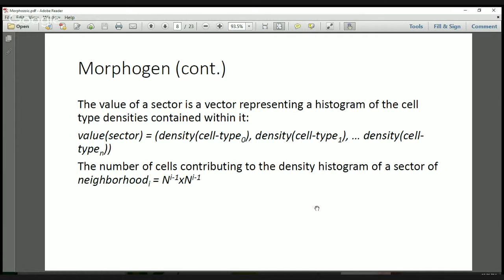And the trick here to quantify the information in a neighborhood is that we're going to represent each sector by a vector which is a histogram of the cell type densities contained within it. So that will allow us to have a fixed number of bits dedicated to each sector, hence a fixed number of bits dedicated to each neighborhood. Picture coming up to show this.